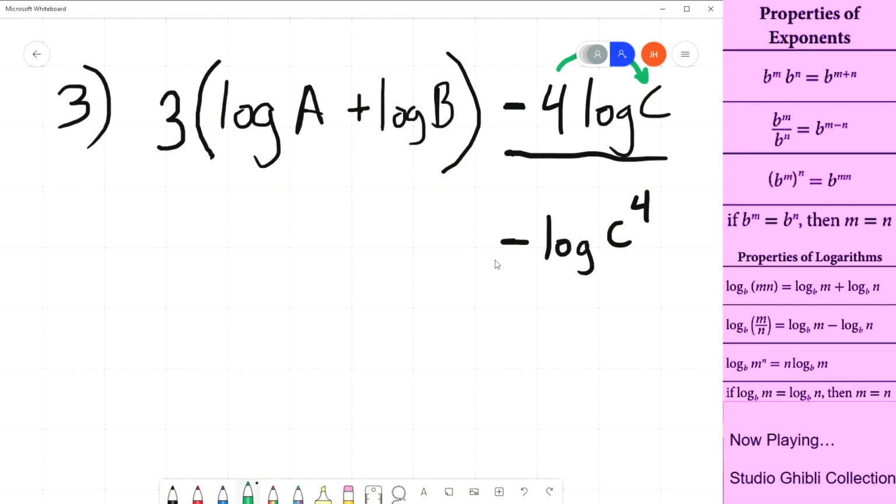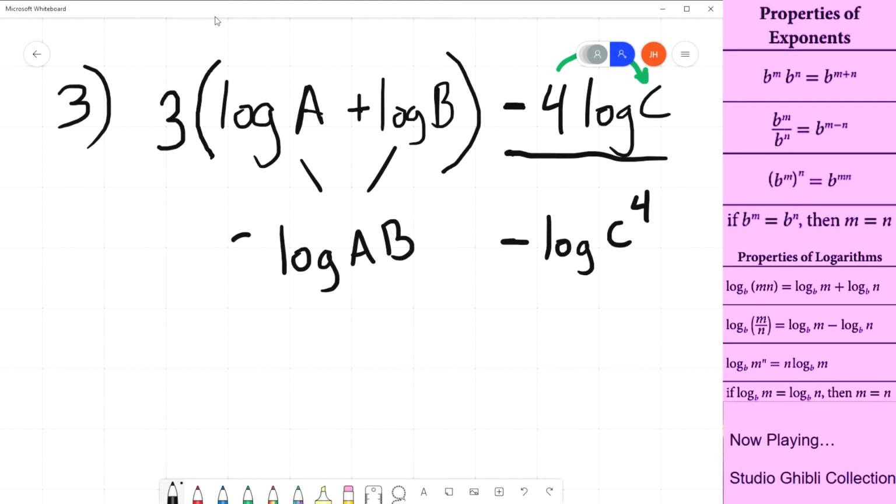Now, what about 3 log a plus log b? What I could do is distribute the 3 first and then figure it all out. But I'm going to do it a little bit differently because I see here that log a plus log b is inside the parentheses. And I know that that can combine from the product rule to make log of a times b.